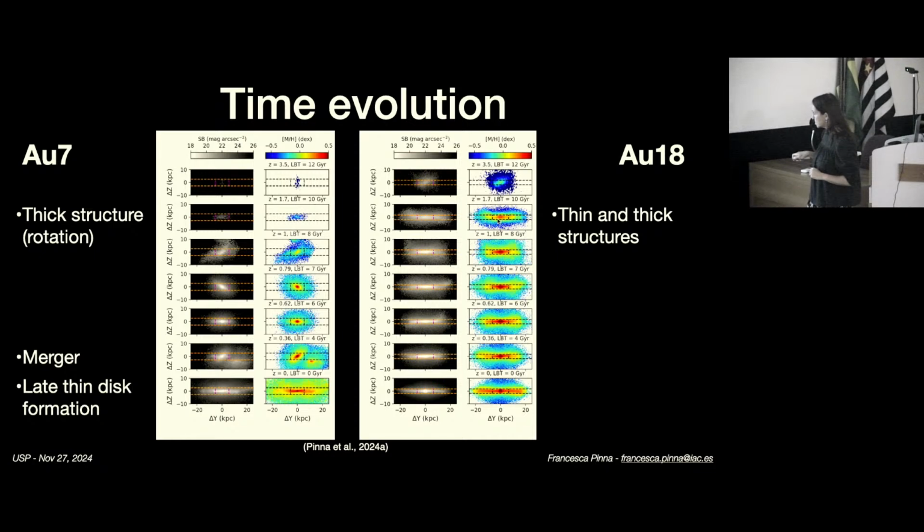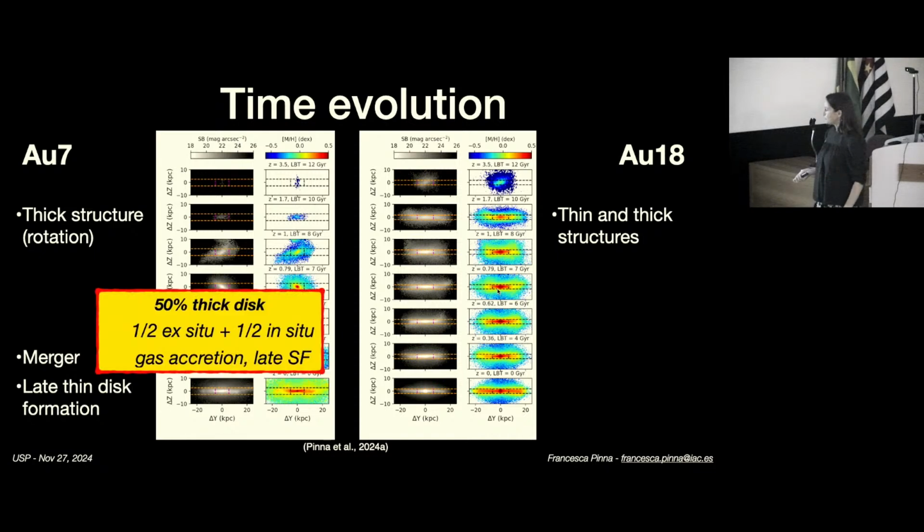You can see the metal-rich stars are concentrated in the center at the beginning, but this grows inside out, and therefore the stars with the same metallicity are growing from the center to the outskirts. So, a very different evolution. Furthermore, we can analyze in simulations the fraction of stars that were accreted and in situ.